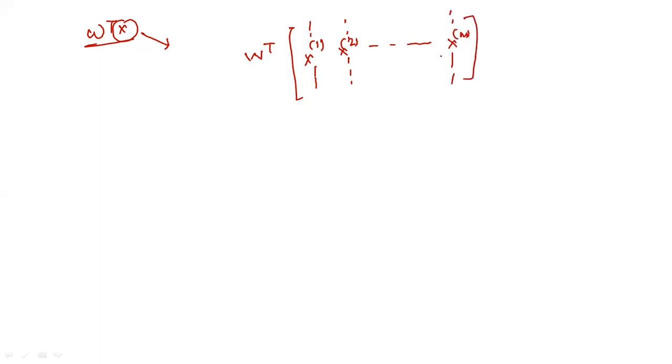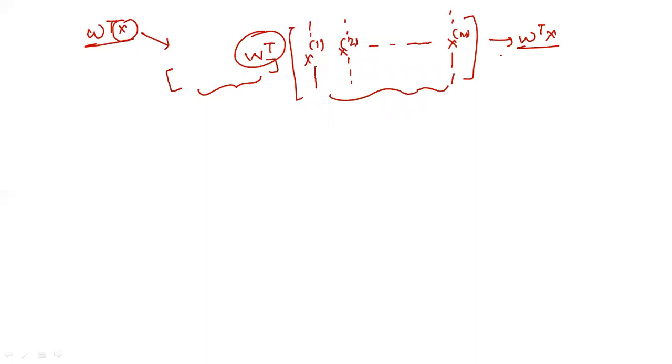Okay, so this is the way I can write a vectorized form of this part of the equation. And this w transpose would be a row vector. This row vector would be multiplied with this input feature vector x, and it would produce an output for w transpose x. Okay, so I hope this would have been understood.